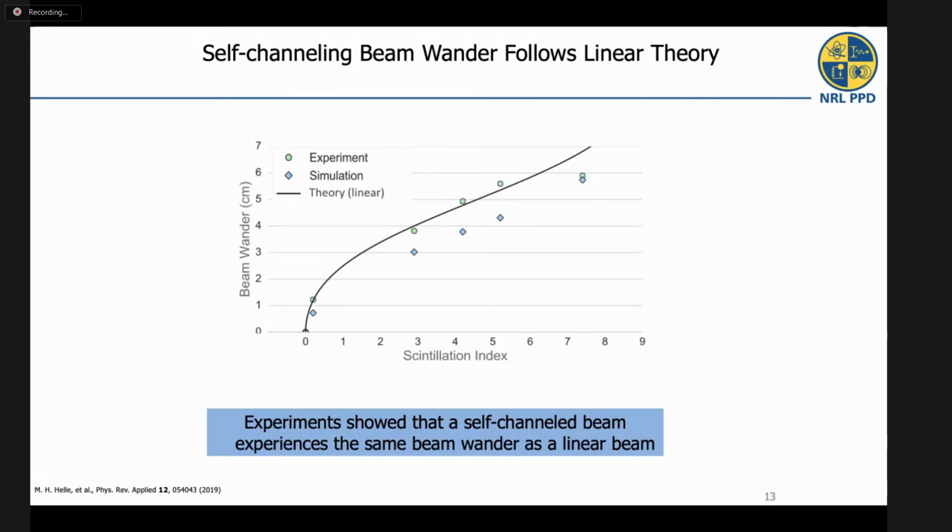The green circles are what we got in experiments, and the diamonds are from our HELCAP code, a high energy laser propagation code that we have developed at NRL. It handles both nonlinear and linear propagation, as well as turbulence. Overall they follow the same trend, and experiments agree very well with theory.